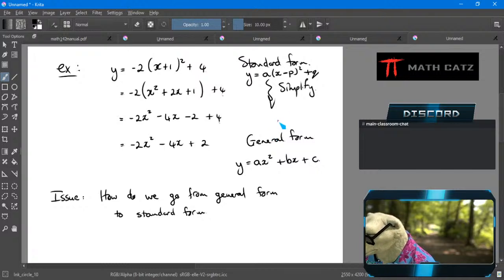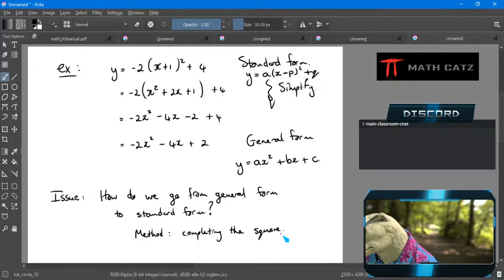That is the issue now, and really the only issue that remains. How do we do that? That method that we'll use is called completing the square.